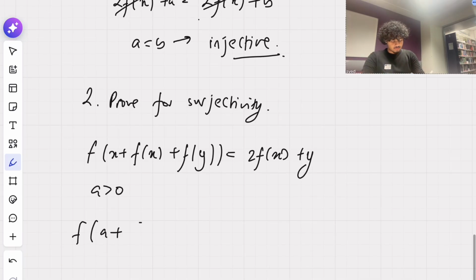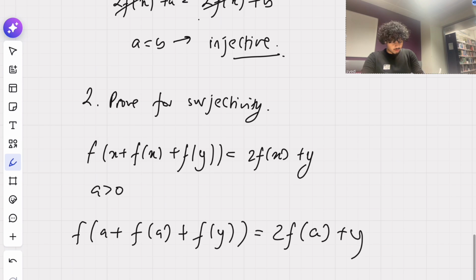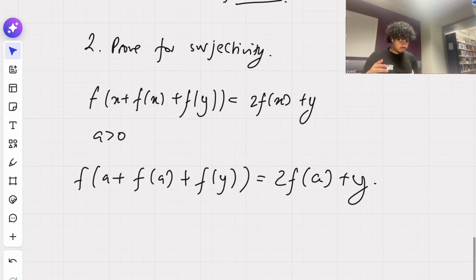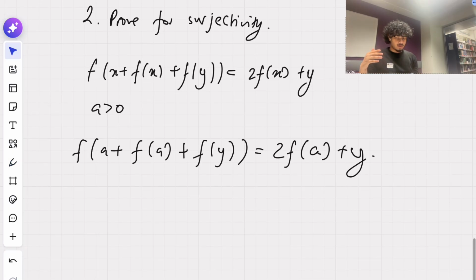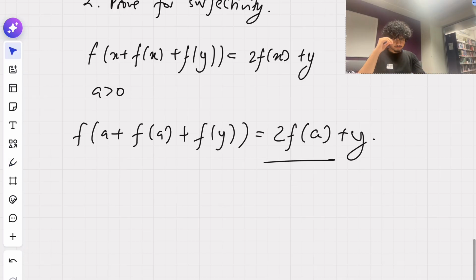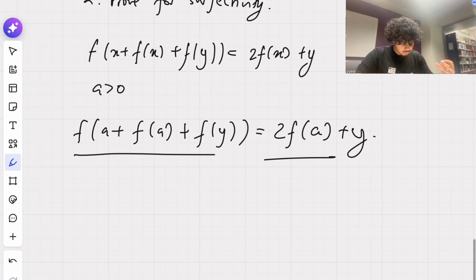So f(a + f(a + f(y))) is going to be equal to 2f(a + y). As y ranges over all positive real values, the right side will be greater than 2f(a), so this function will range over all values greater than 2f(a).